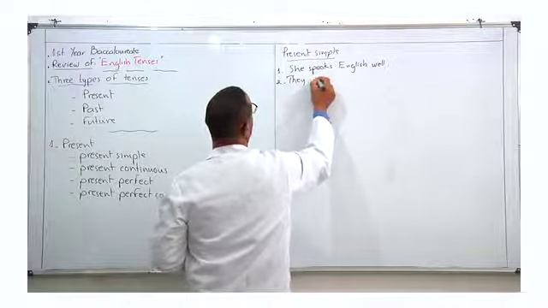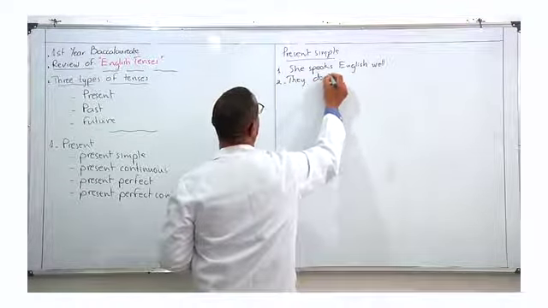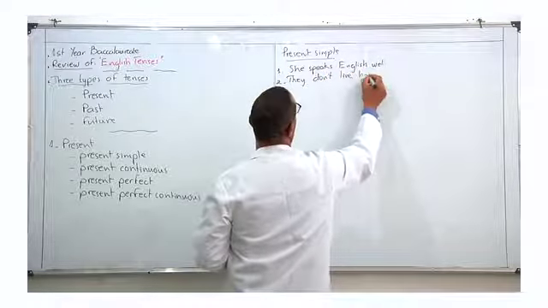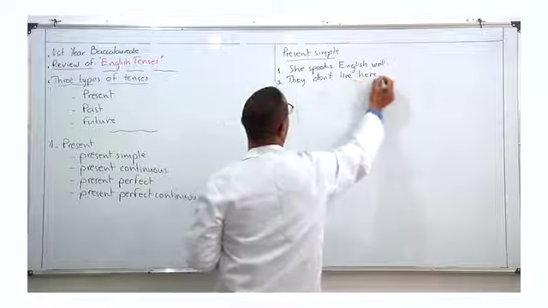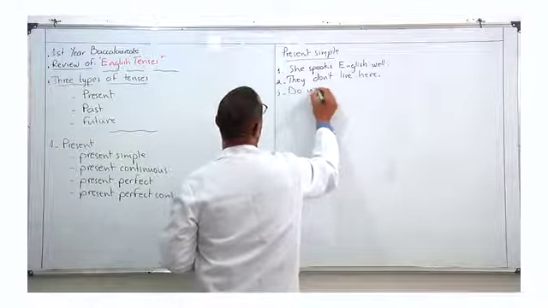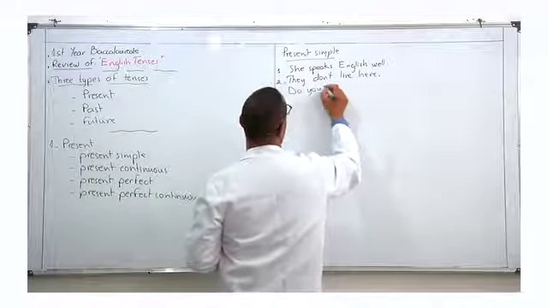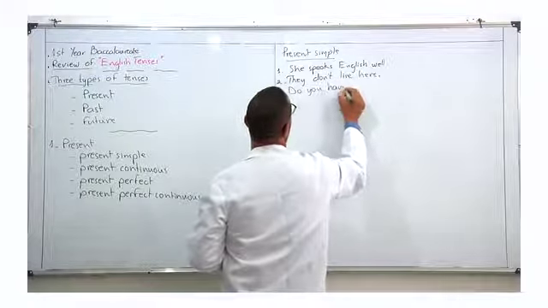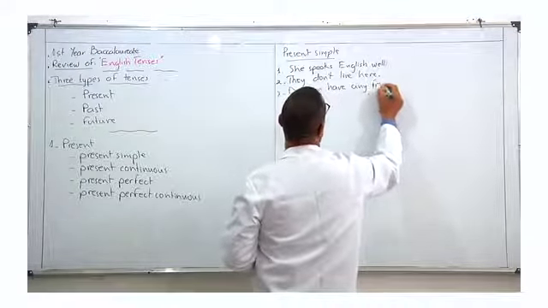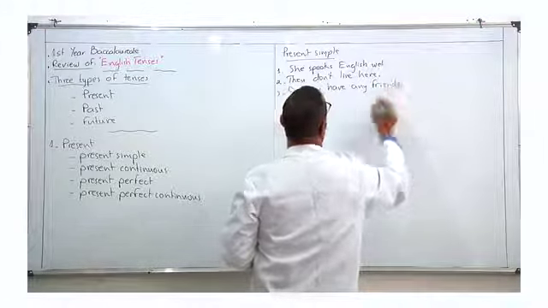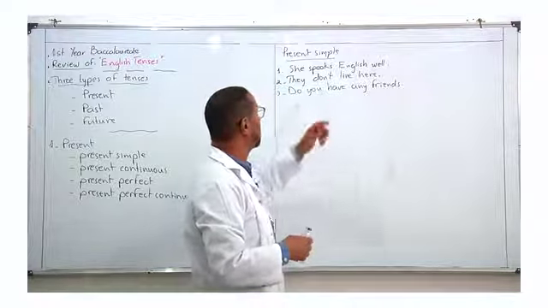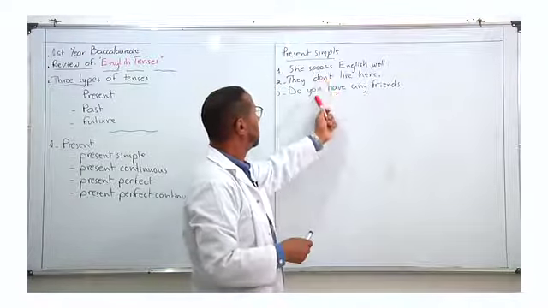They don't live here. Do you have any friends? Any tense can be in three different forms: affirmative, negative, or interrogative.